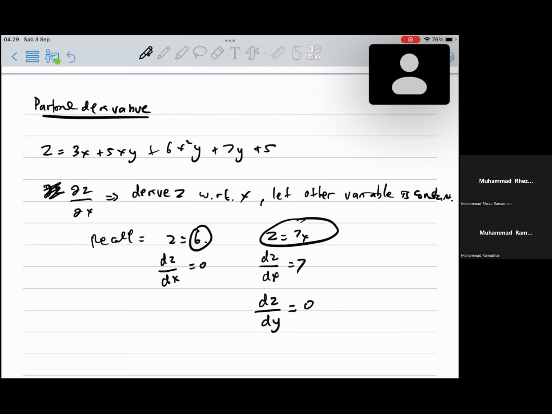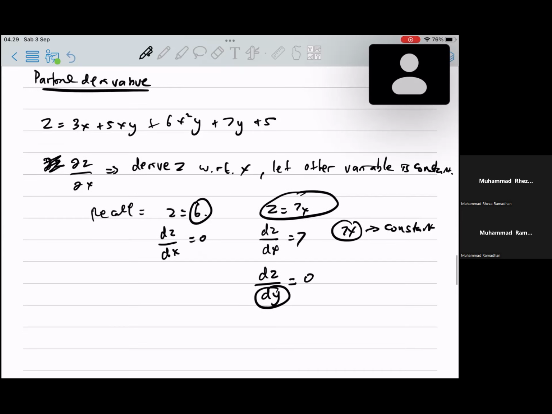So if you have dz over dy, you can apply that 7x is constant, because you want to derive z with respect to y.